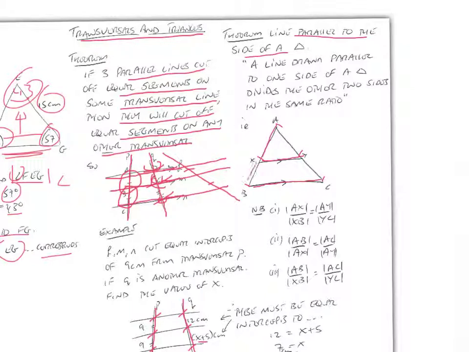AX over XB is equal to AY over YC, or all of AB over AX is the same as all of AC over AY. Or the last one here, all of AB over XB is the same as all of AC over YC. So the three different ratios we'll use in the next video.